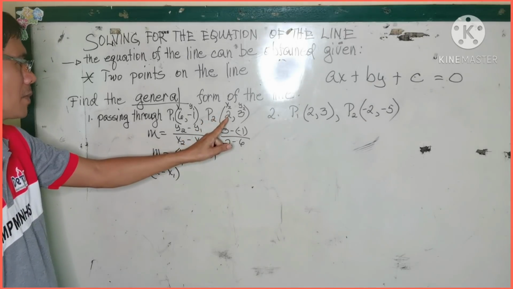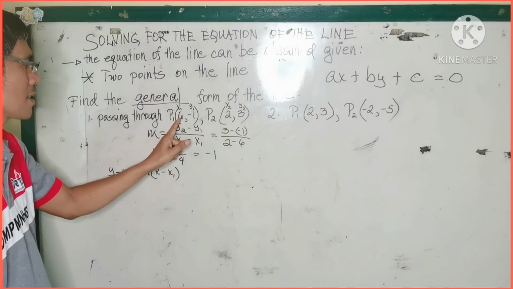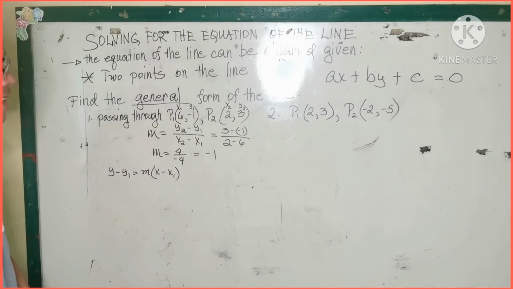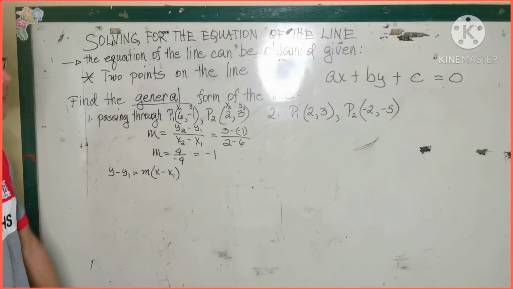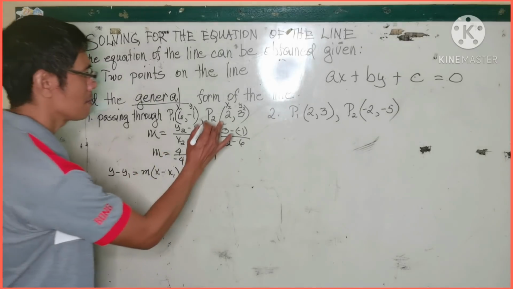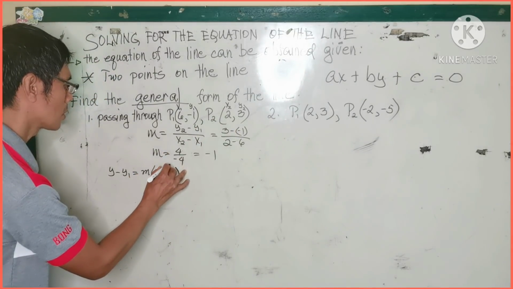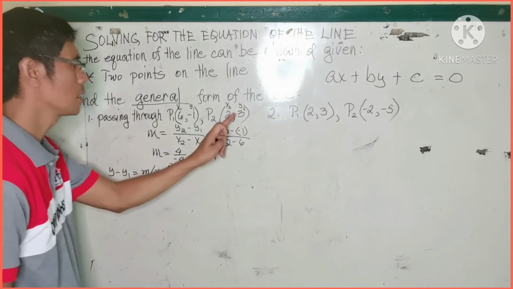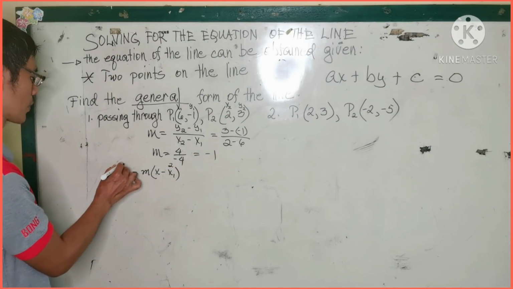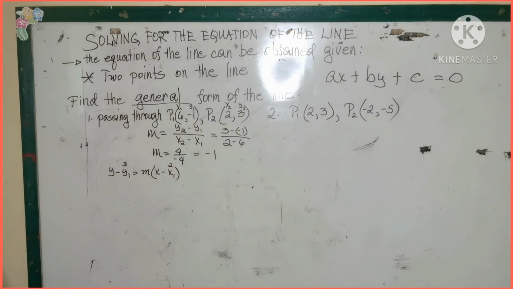So, look, itong point 2, meron tayong 2, 3, kumpara dun sa 6, negative 1. So, mas madali ito kasi mas mabababa yung mga values. Aside from that, wala pa siyang negative. So, ibig sabihin, itong 2, ito na yung x sub 1 mo. Itong 3, ito na yung ngayon, yung y sub 1 mo.